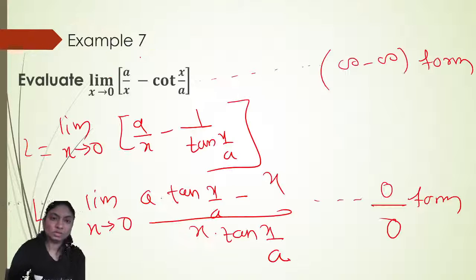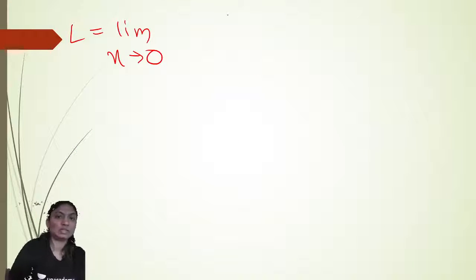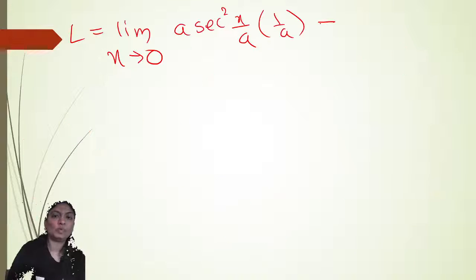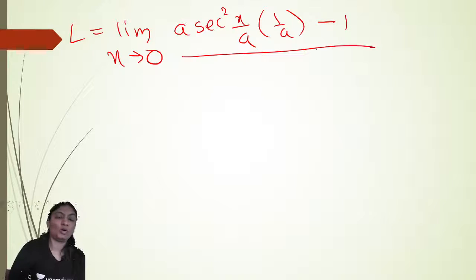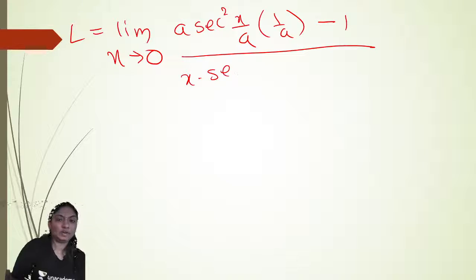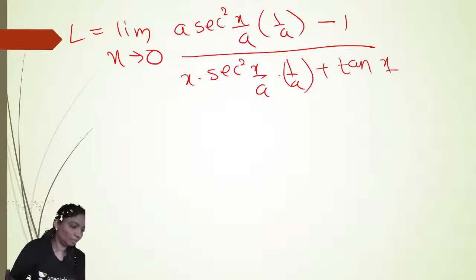Once you get the 0 upon 0 form, L is equal to limit as x tends to 0. So here you will get a into tan x by a, that is a into sec square x by a into 1 by a. Right? Minus 1 upon first into derivative of second plus second into derivative of first, tan x by a.